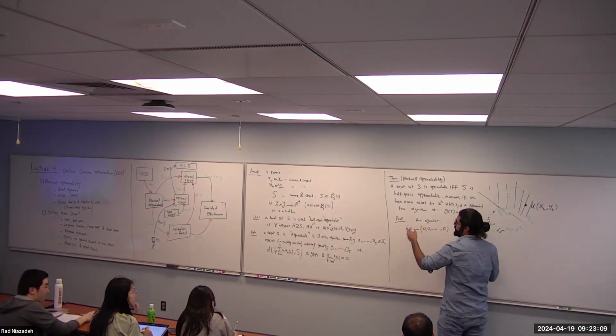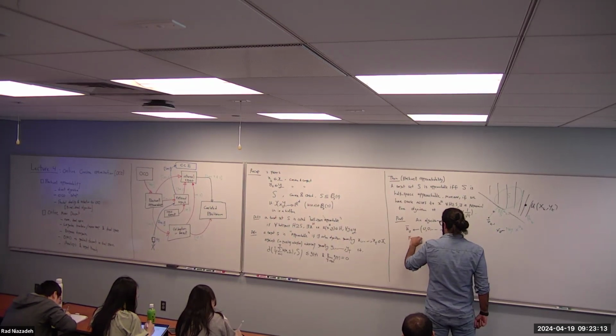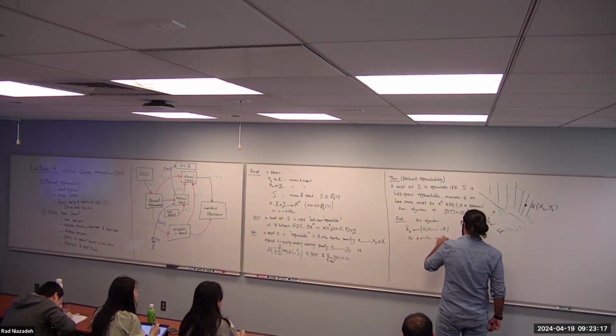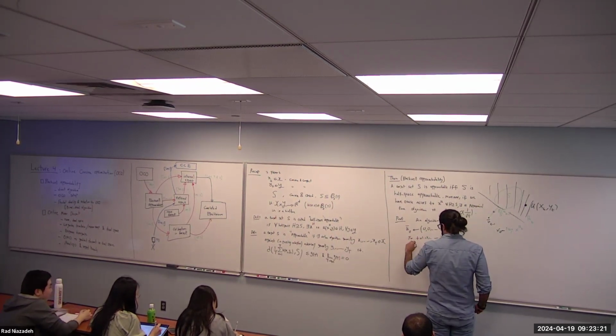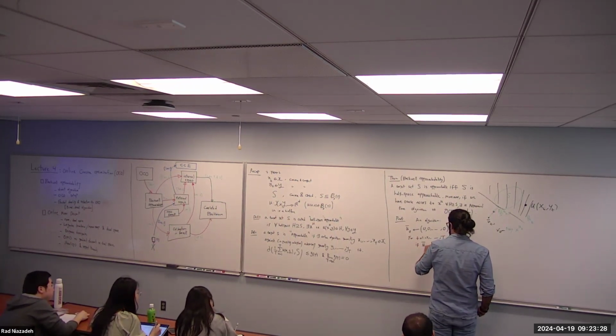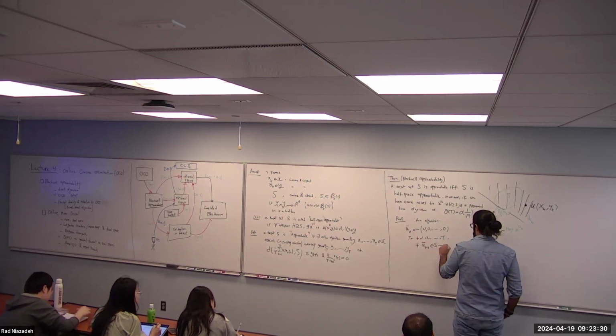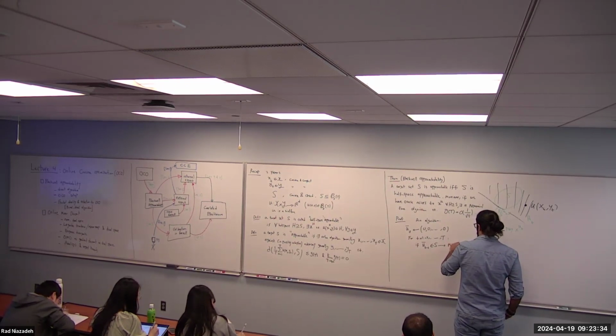So we are in d-dimensional space. Now for t from 1 to capital T, do the following. If U bar T minus 1 was in S, then you're good to go. Just play an arbitrary strategy.